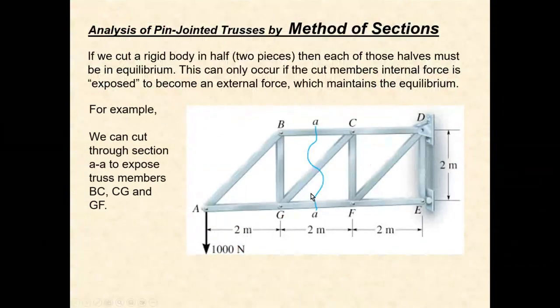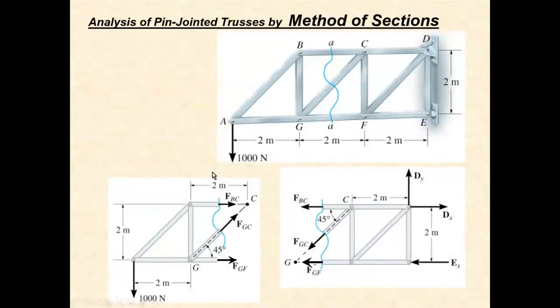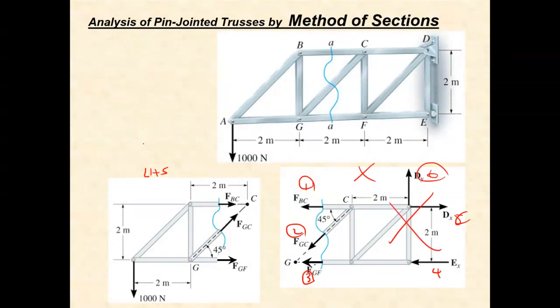Let's go here. We decided to solve the left-hand side free body diagram. So this one is the left-hand side free body. This one we can't solve because it has 1, 2, 3, 4, 5, 6 unknowns, and that is not solvable. So we decide to solve this one, and that is a rigid body free body diagram, to which you can comfortably apply 3 conditions of equilibrium, and as a result, you find FBC, FGC, FGF.